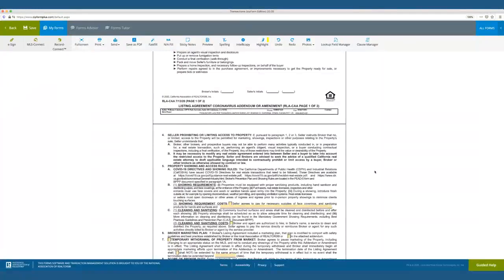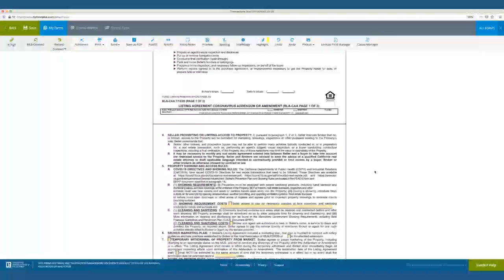And Mr. Seller, you need to seek the advice of an attorney if you're going to draft something. So it's basically saying, if you're not going to let me do my job, then I'm limited in doing my job, and I may not get you the money that I can get you for this property.